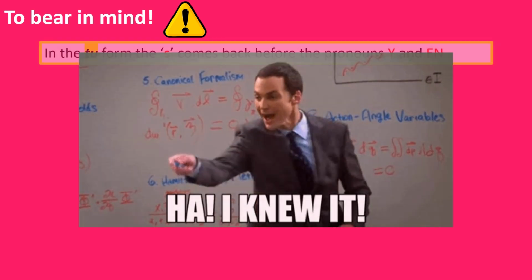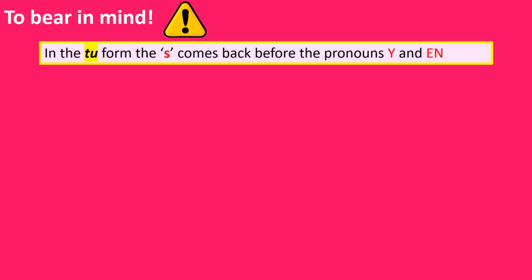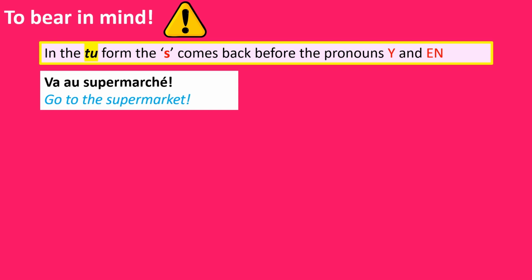So far so good, but of course there are a couple of things you need to remember. I've just told you that the tu form loses its s in the imperative, but it comes back before pronouns like y and en for pronunciation purposes. For example, if I say va au supermarché, go to the supermarket, this is the imperative.